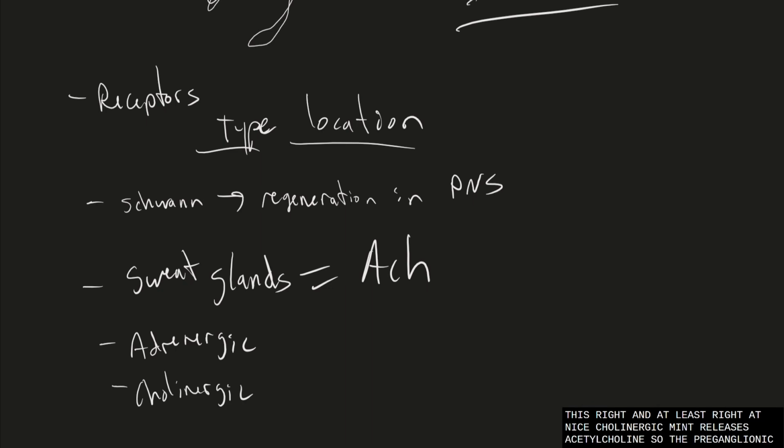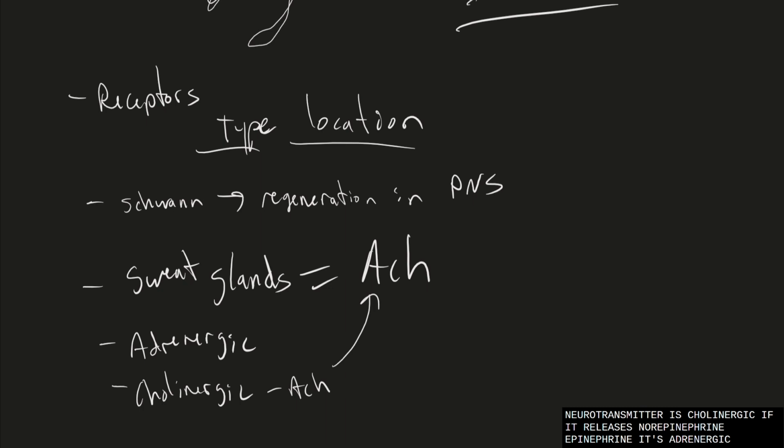The preganglionic axons, sympathetic and parasympathetic, are cholinergic fibers that release ACH. And the sweat gland one is also a cholinergic fiber. If it releases acetylcholine as a neurotransmitter, it's cholinergic. If it releases norepinephrine and epinephrine, it's adrenergic.